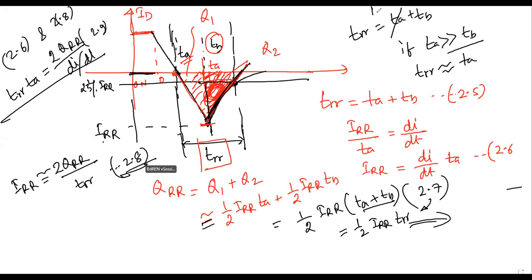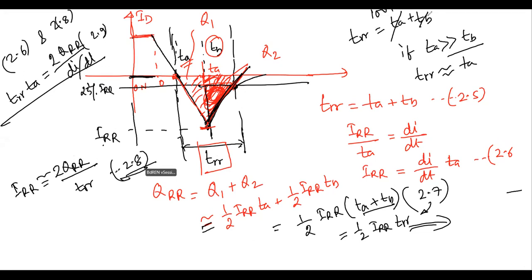Suppose this is 100 microsecond and TB is 2 microsecond. So altogether 102. But can I write this as 100? If it is 102 microsecond, can I write 100? There will not be much error, right?